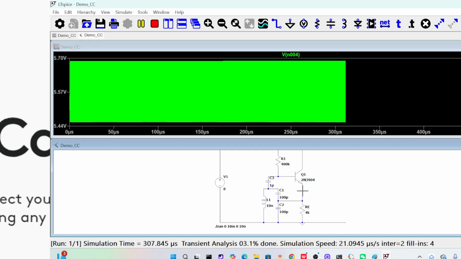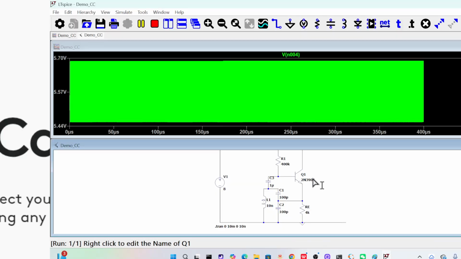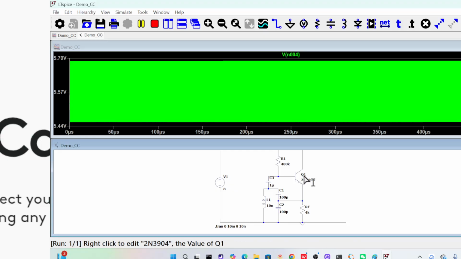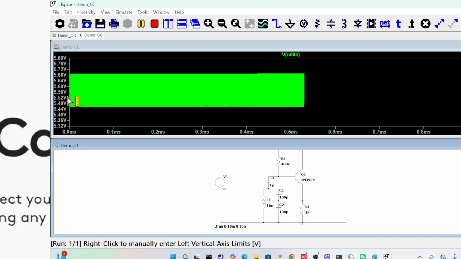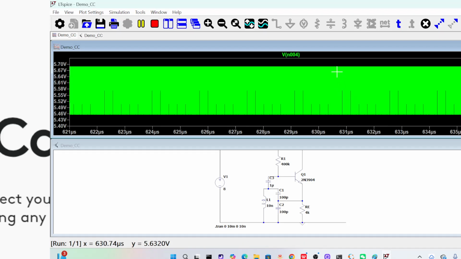So indeed, we managed to make it oscillate, even with this very, very poor transistor. And the oscillation amplitude is not very good. It just oscillates. And let's check the frequency. The good thing is the signal is amplifying. Yeah, let's check the frequency.